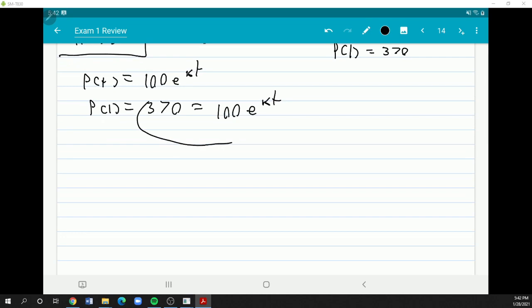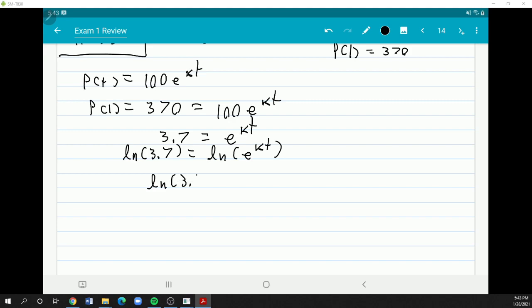So here, we can take this equation and divide both sides by 100. So we get 3.7 is e to the kt. Take a natural log of both sides. You get natural log 3.7 is natural log e to the kt, or natural log 3.7 is equal to k times t, but t is equal to 1, right?